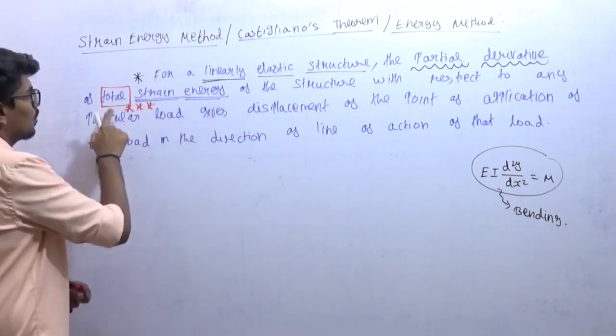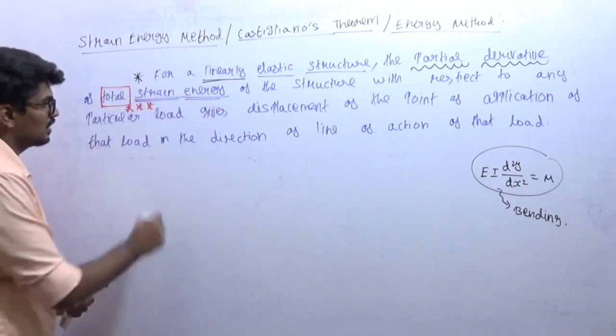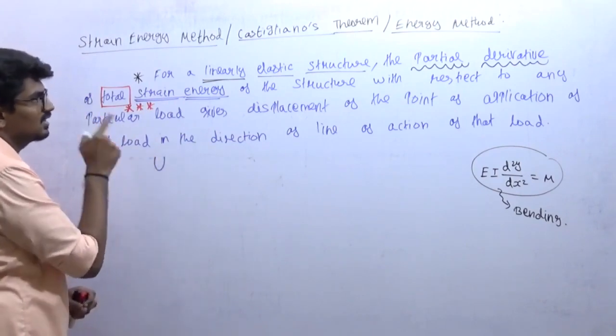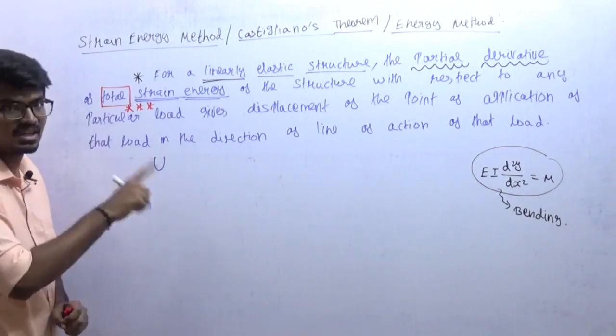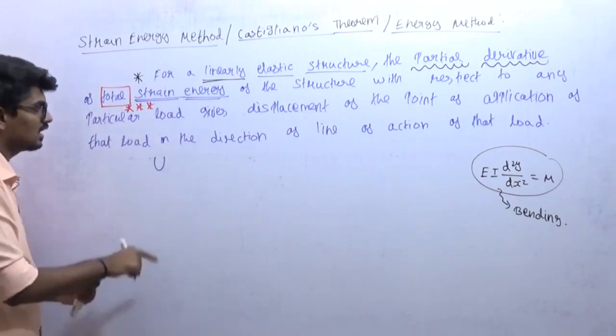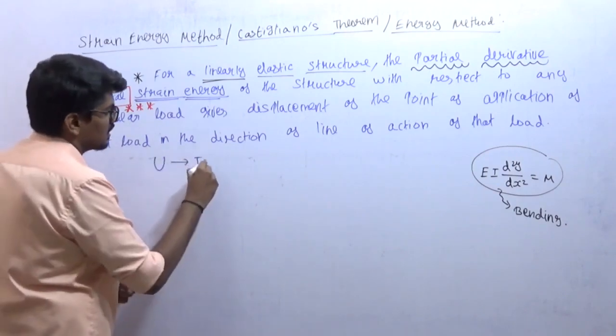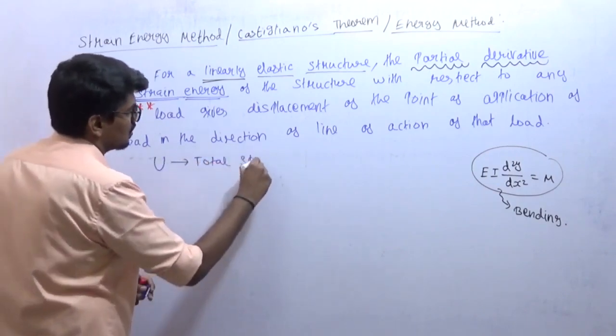Total strain energy. So we know strain energy will be represented with U. For using Castigliano's theorem, that is the first statement of Castigliano's theorem, I need to find out total strain energy.